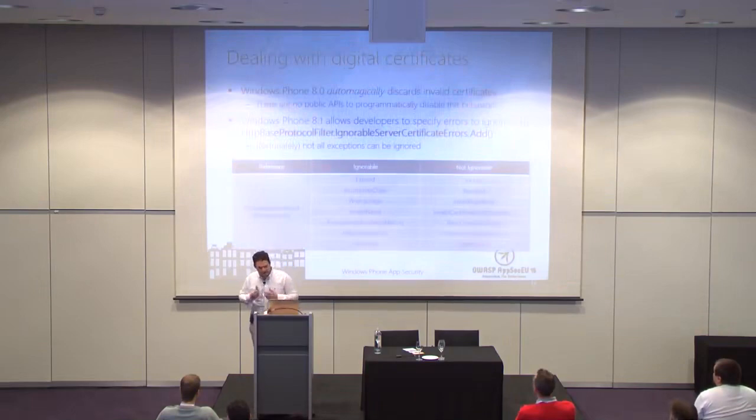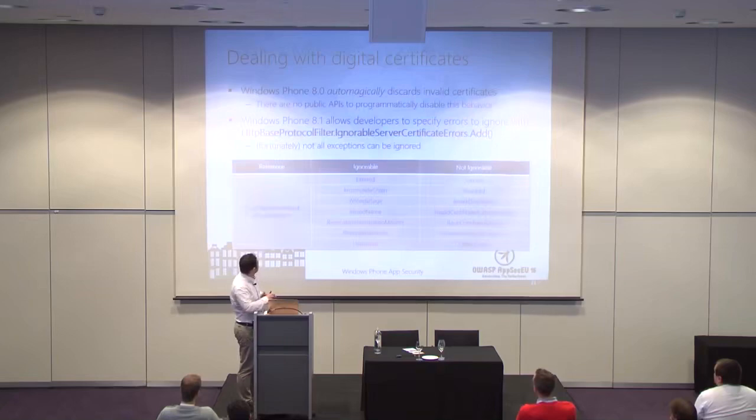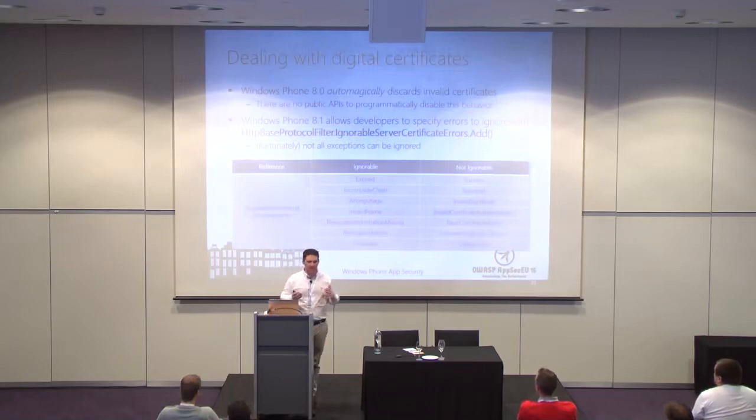So another important issue: we may have some further issues related to this specific risk when we are dealing with digital certificates. Windows Phone 8 implements a nice feature. Basically, the platform discards every kind of invalid certificate.